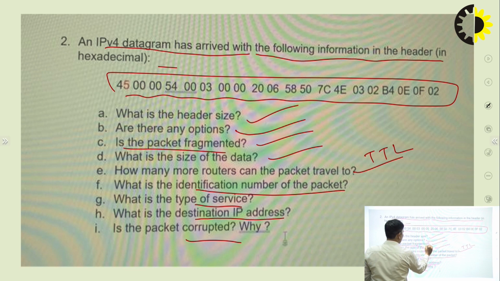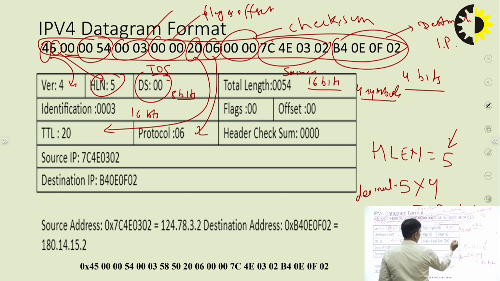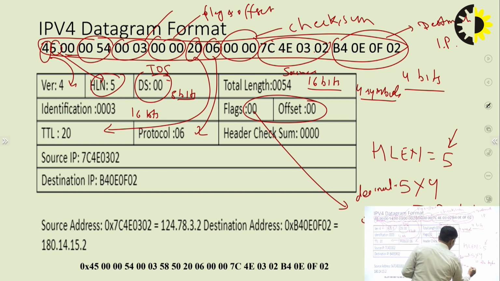Is the packet fragmented? From where do we come to know whether the packet is fragmented? We have the flag. This flag and offset are all 0, 0, 0, 0. That means the first 3 bits of the flag are also 0, 0, 0. The second is the DF, don't fragment field, and this value is 0.